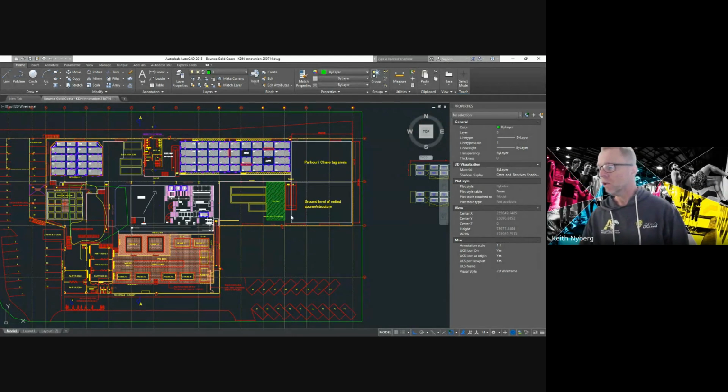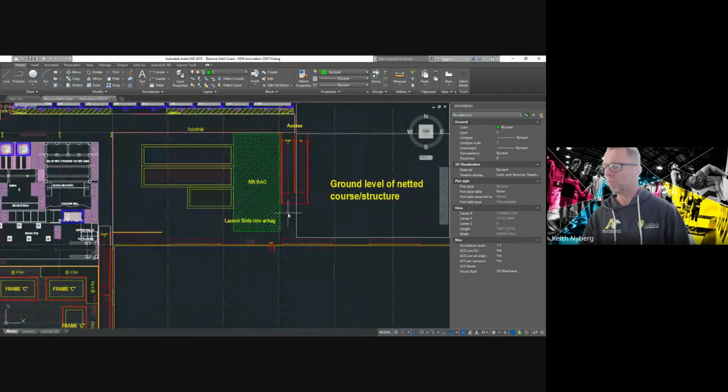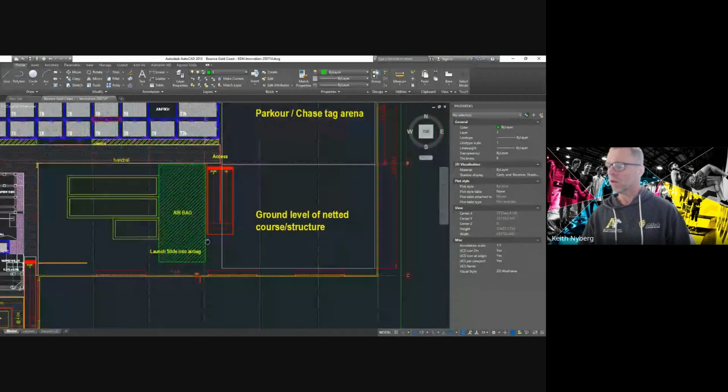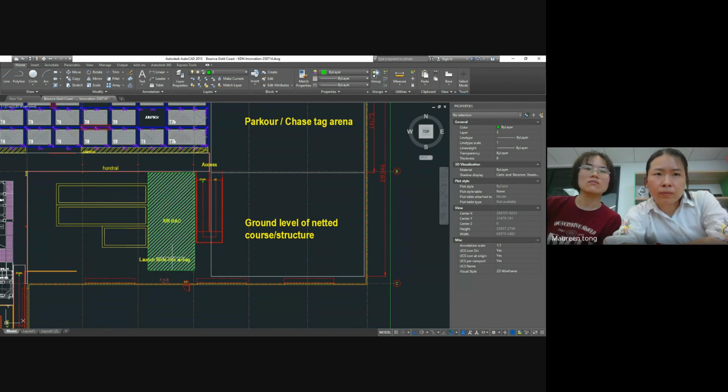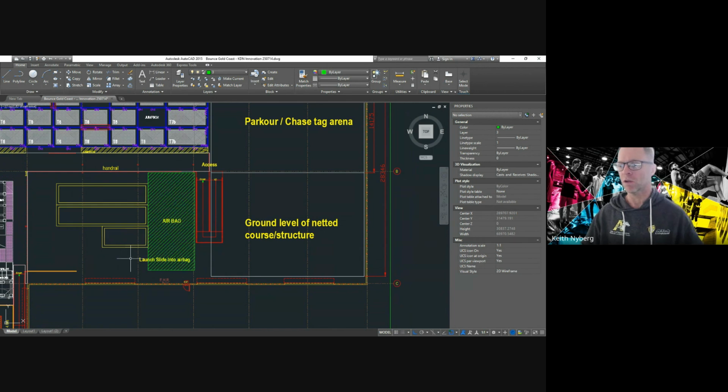Exactly. At the moment there's a jump platform here. If we remove the jump platform, then we'd have the slide coming down and people landing into this end of the airbag, so that we're not putting another airbag in.